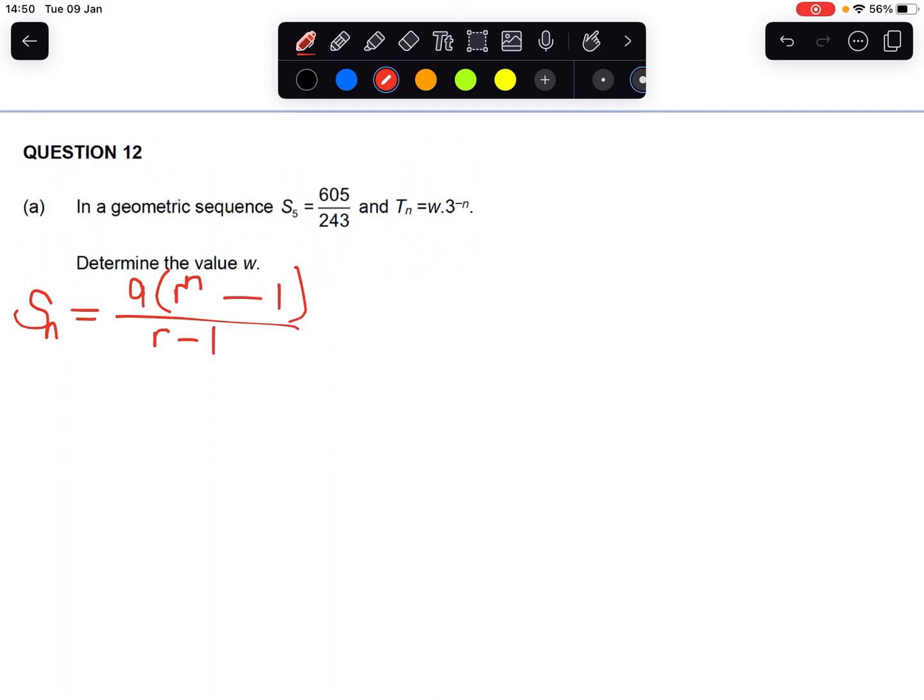So we don't know what a is, we don't know what the first term is, we don't know what r is, because the formula for a term is a times r to the power of n minus 1, and this doesn't really look like that right now.